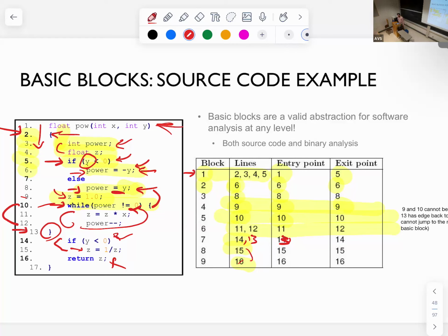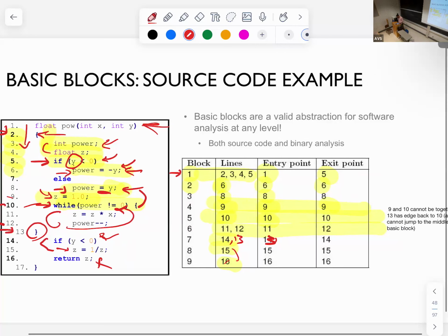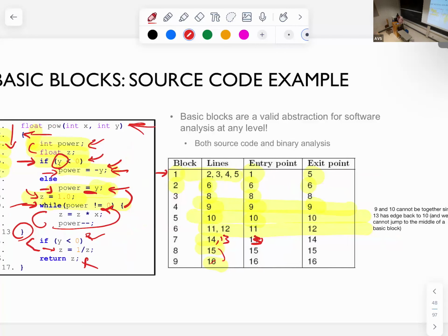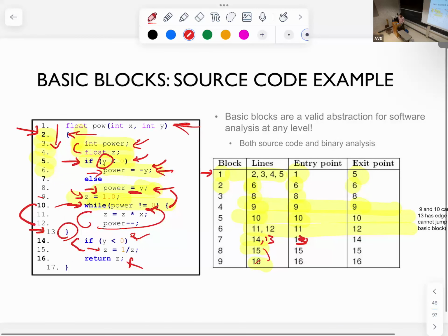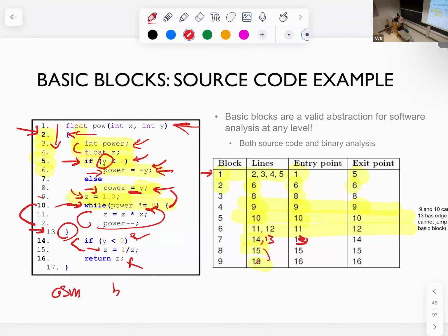Any other questions from this? And then, of course, as I said, I'm just showing you an example at the C level. One could look at this at the assembly level or even the binary, and then the basic block for this would be exactly the same.